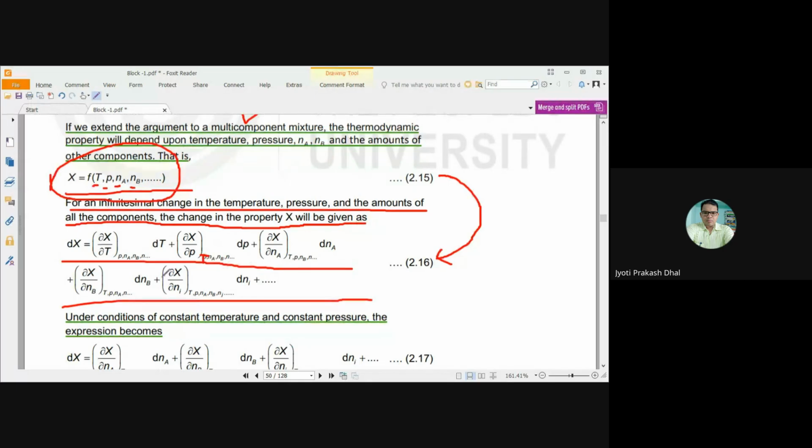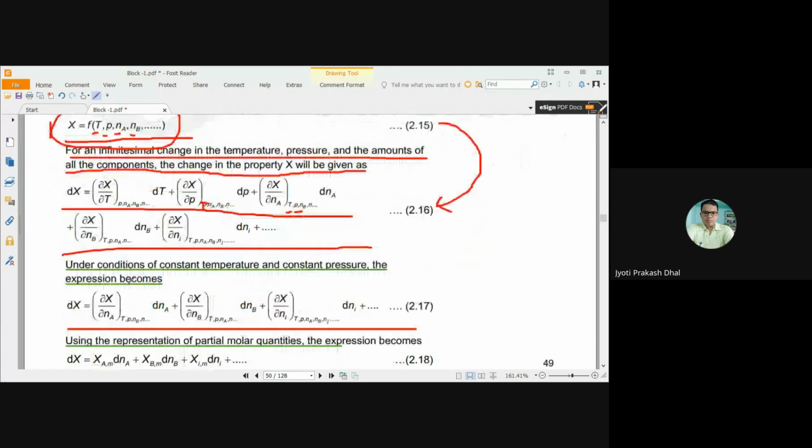So del X by del P at constant temperature, N_a, N_b, and so on, plus del X by del N_a dN_a at constant temperature, pressure, N_b, N_c, and so on, plus del X by del N_b dN_b at constant temperature, pressure, N_a, N_c, and so on. And the last one may be del X by del N_i dN_i at constant temperature, pressure, number of moles of A, number of moles of B, and so on.